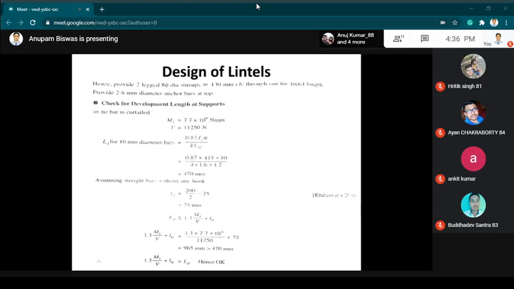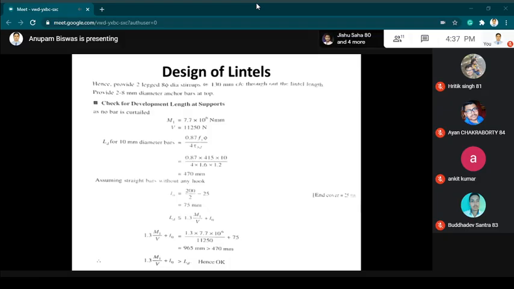For development length of this 10 mm bar, that is 0.87 Fy phi by 4 tau bd, from here we obtained 470 mm. Development length available is 200 by 2 minus 25, that is 75 mm.